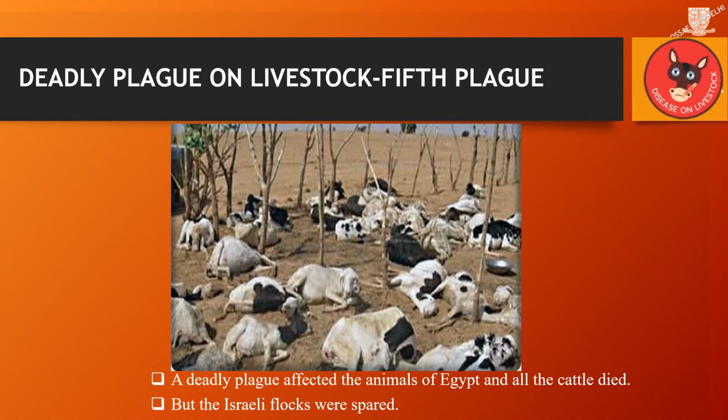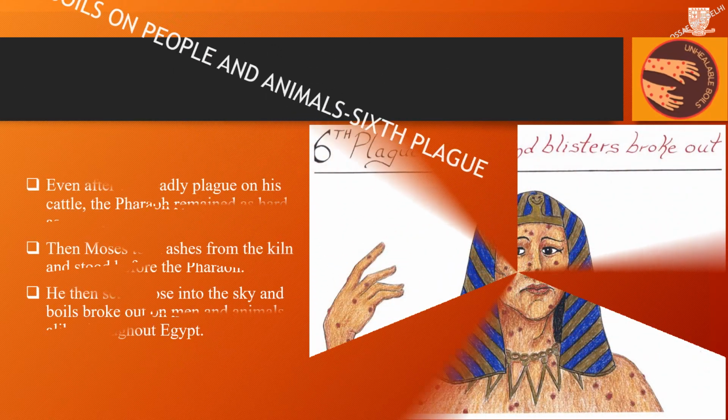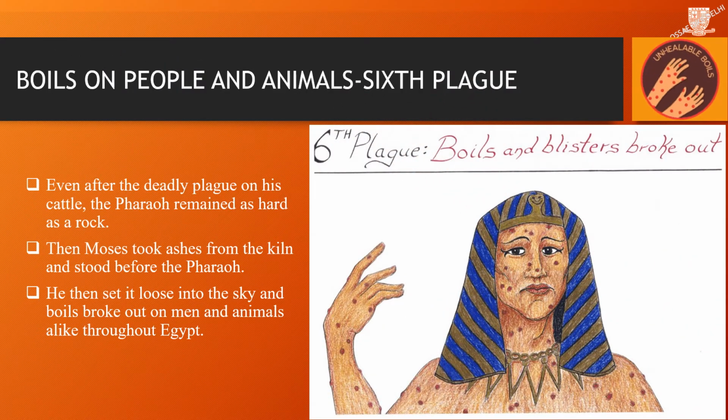The Israeli flocks were spared, and not one of the cattle that belonged to the Israelites died. All those were living, but the ones that belonged to the Egyptians were dead because of this plague. Yet Pharaoh remained as hard as a rock even after the deadly plague on his cattle.